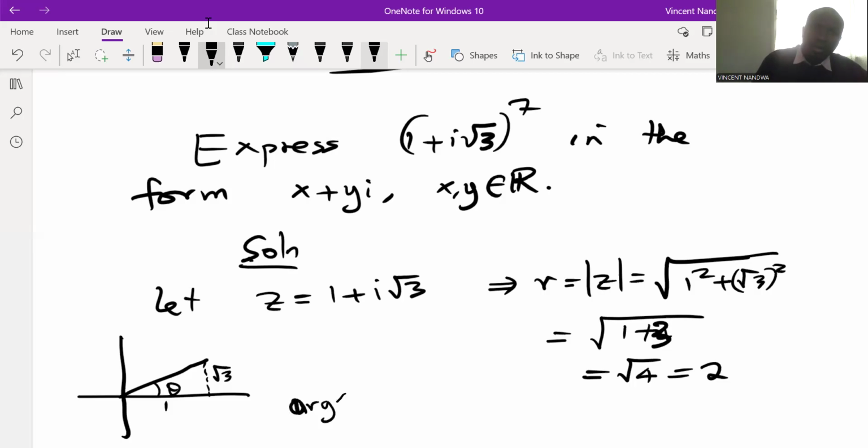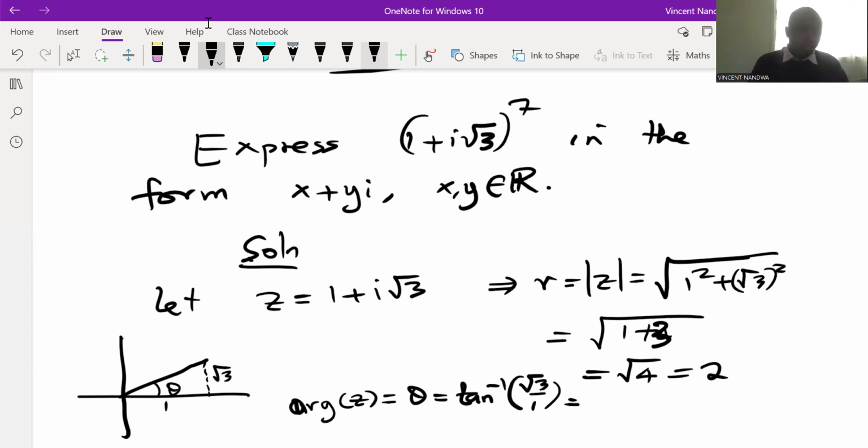So argument of z is simply theta, which is tan inverse of root 3 over 1. And when you determine the tan inverse of this, you get 60 degrees, or the same as pi over 3.